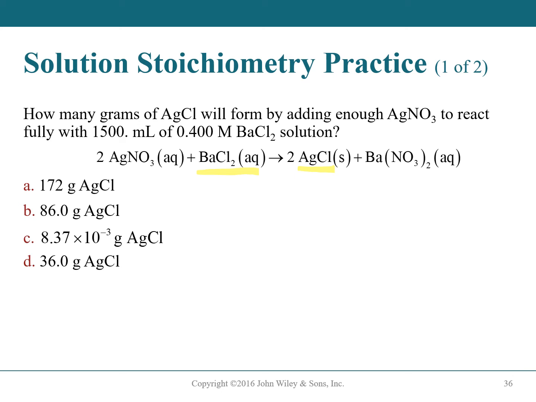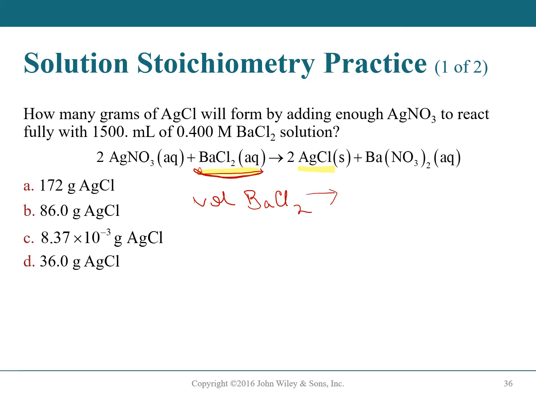We already know we just added enough so that this is completely used up. Okay, so we'll just focus on the amount of barium chloride. So what we're given is the volume of barium chloride, but we want the mass of silver chloride. So we're going to have to change our substance.